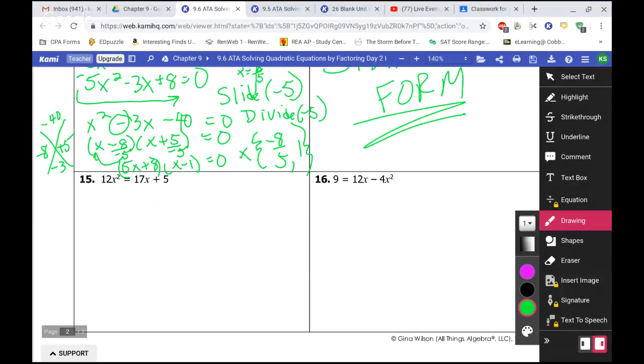Roger, are you still with me? What am I going to do? Subtract 17x and subtract 5 from both sides.